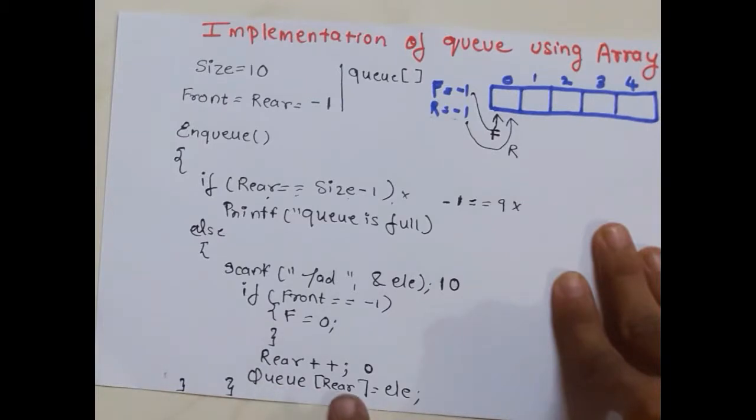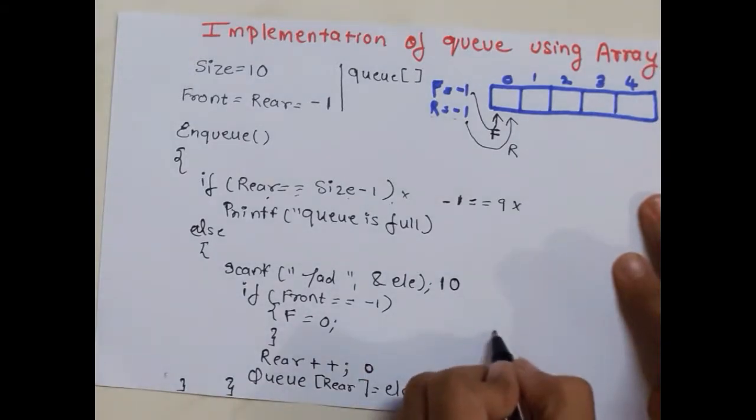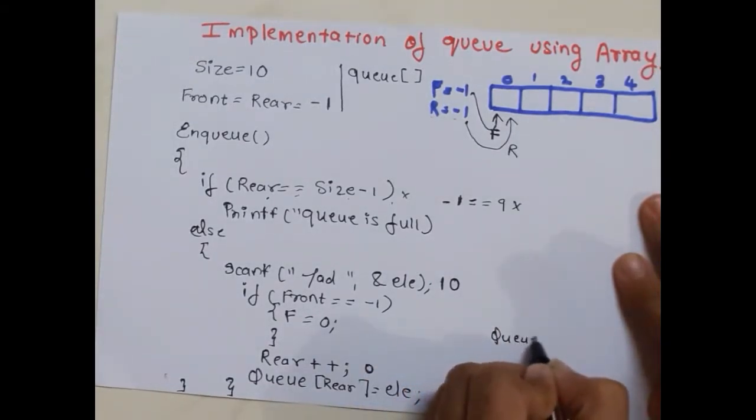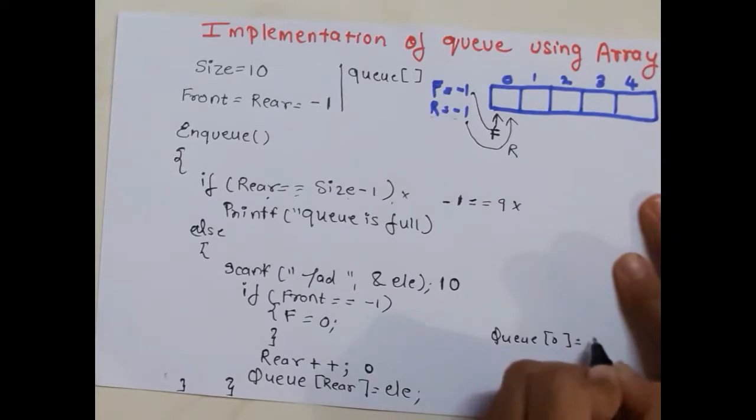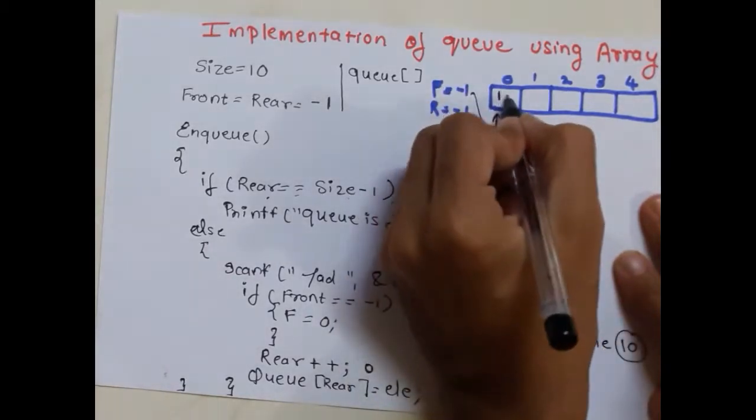And q of 0, since rear is 0, equals element. Element is 10, so 10 will be inserted into the queue here.